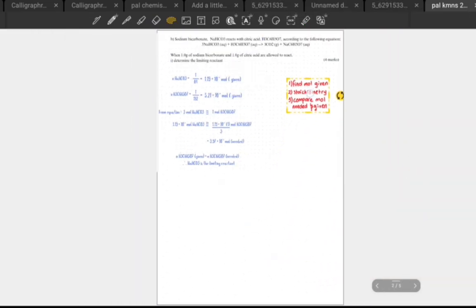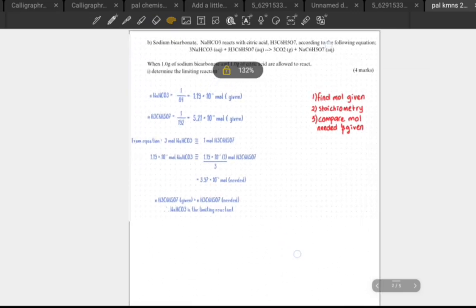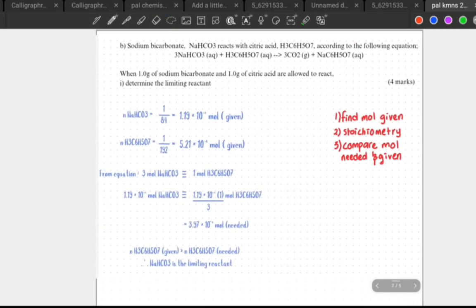First one is find mole given. Given 1 gram of sodium bicarbonate and 1 gram of citric acid, right? 1 gram, we can convert to mole. Then we can get mole given: mass over molar mass. This one also mass over molar mass. And then you will get mole given.